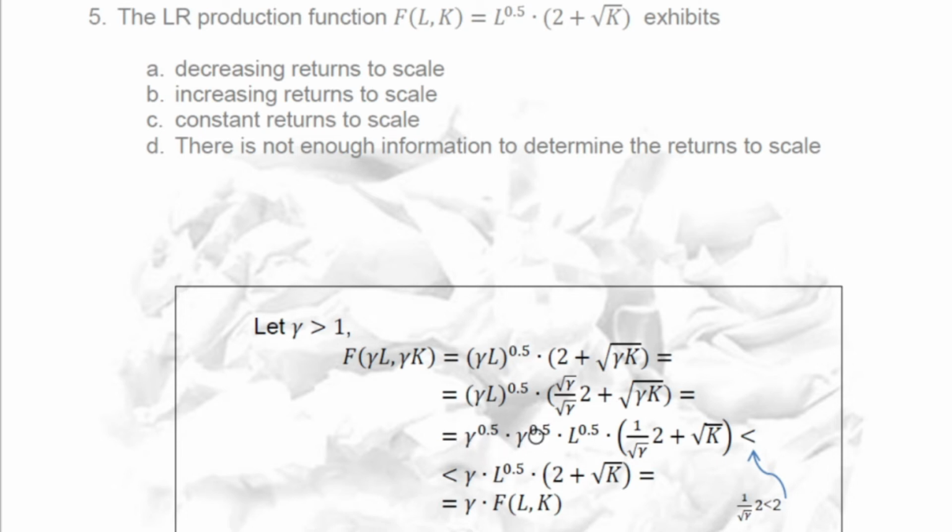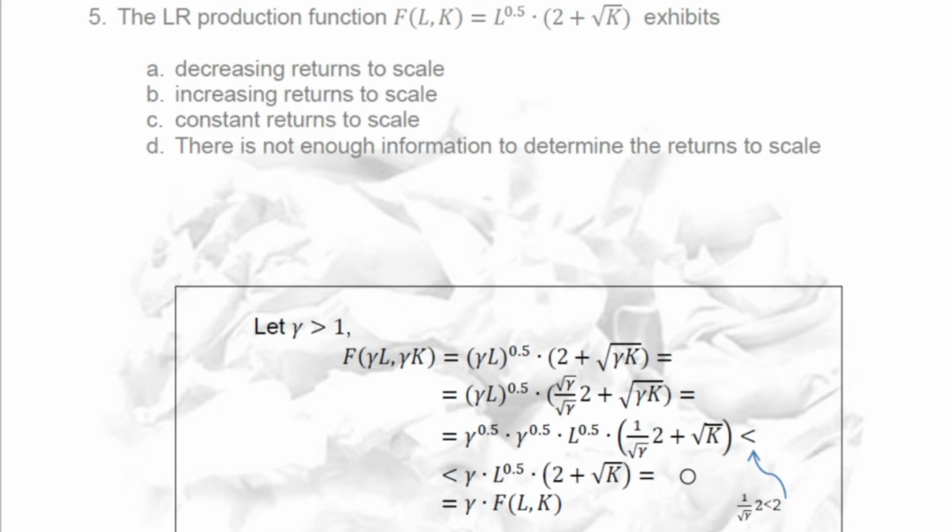These two gammas give me one gamma: gamma elevated to 0.5 times the same is gamma multiplied by L elevated to 0.5. All this is almost our function. What's the difference? The difference is that here we have 1 divided by the square root of gamma.